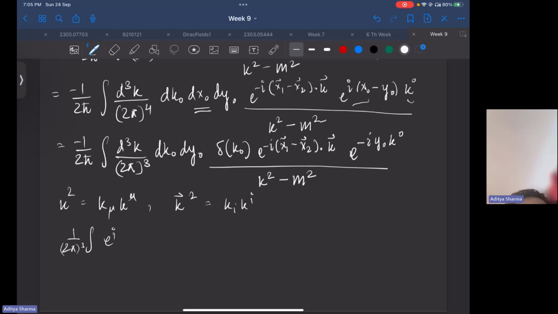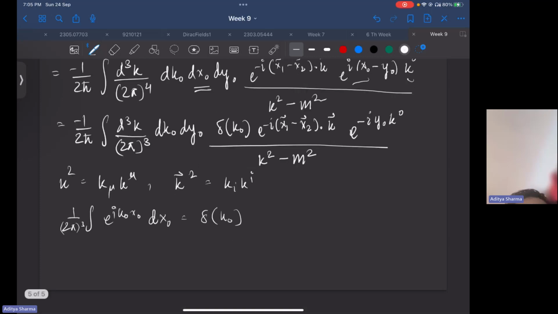All right, k0. This is the definition: the delta of k0 is equal to Dirac delta of k.